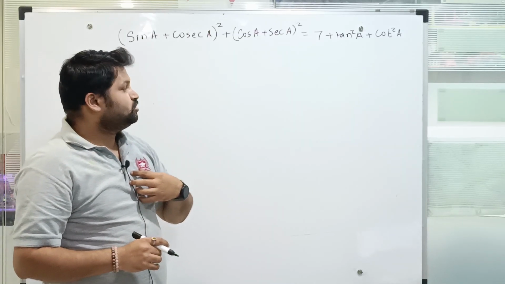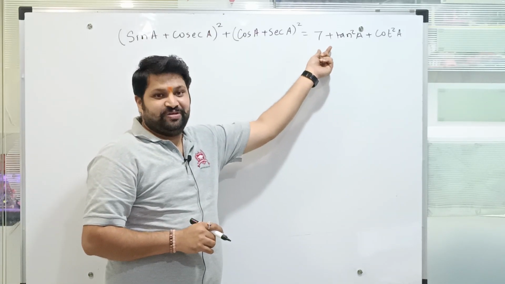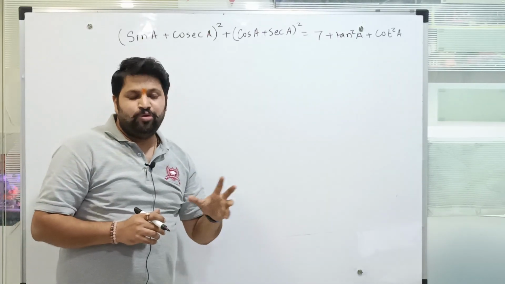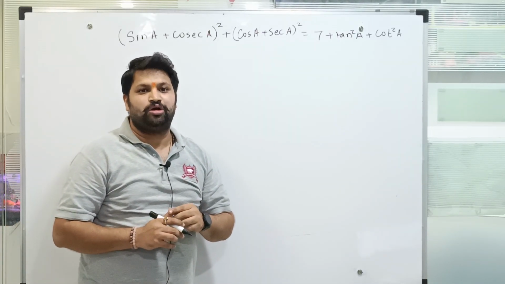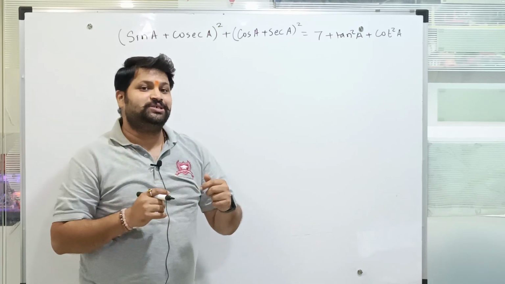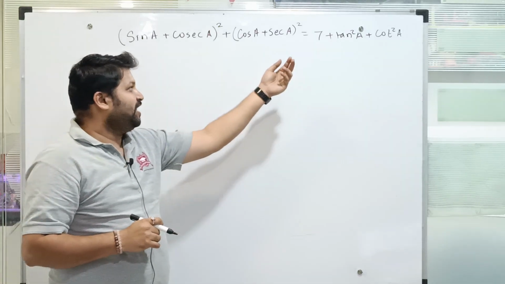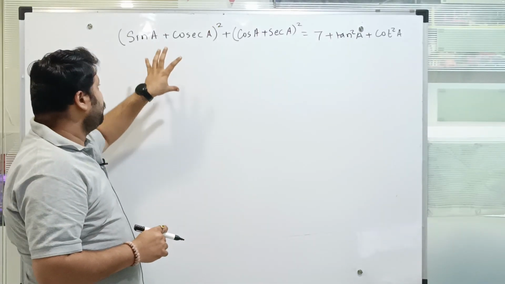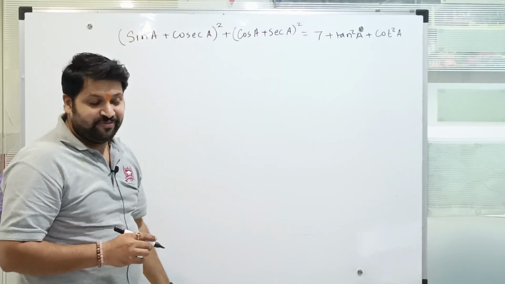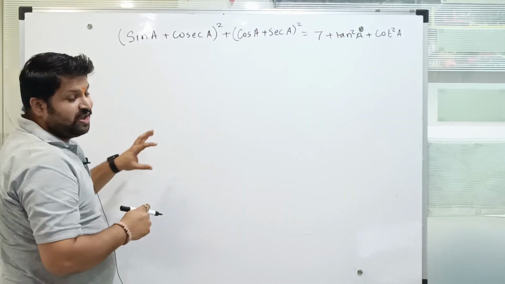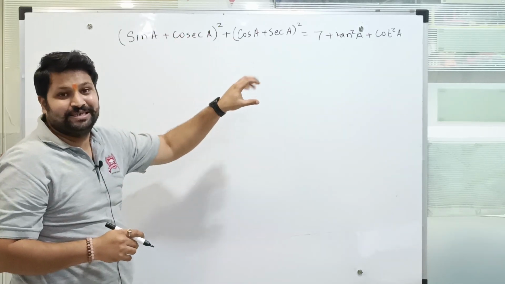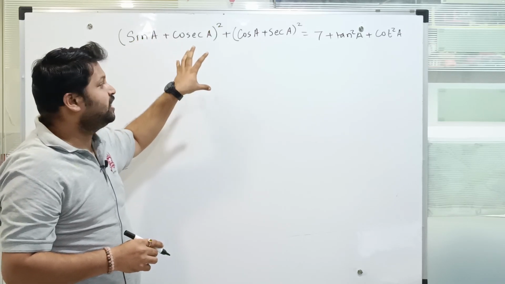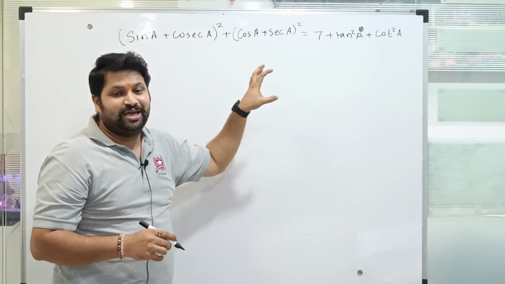Now here the problem is with this 7, as it's a larger number, most of the students do find it a little complicated. Now let us see how we can go ahead and get this 7 and a tan square and a cot square from the sin a, cosec a, cos a and sec a that we have.